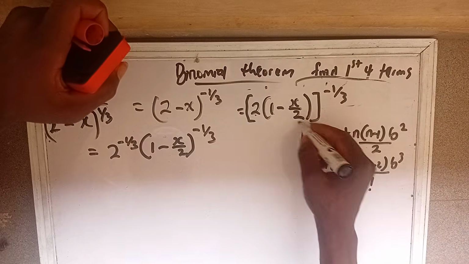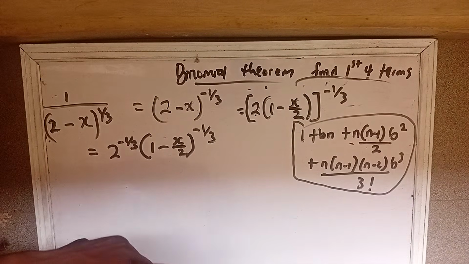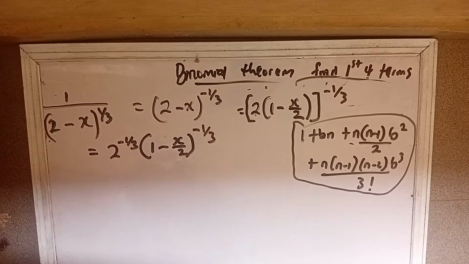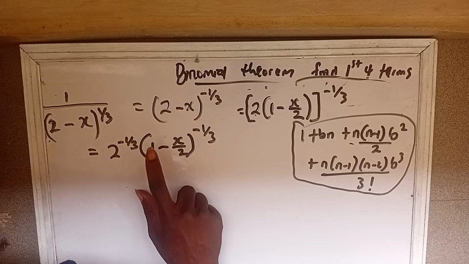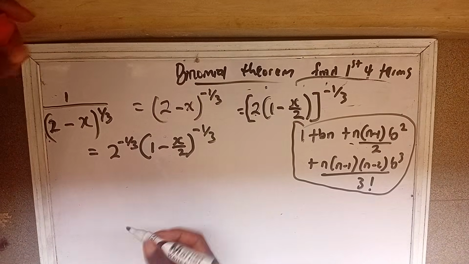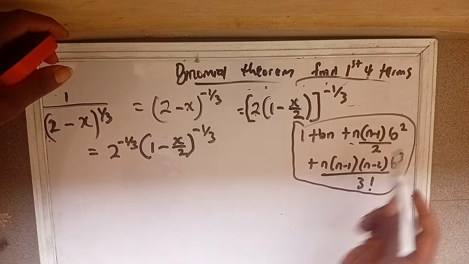Over 3 factorial. This formula, you have to know it offhand, and if you cannot remember, learn to prove it. You can go back in the video and listen again on how we generated it. It's only valid when you have one here. Take note of that. So now, for the first 4 terms, we don't need the order. If they ask you for first 3 terms, this is the only 3 you have.